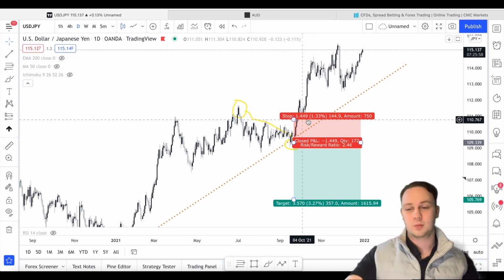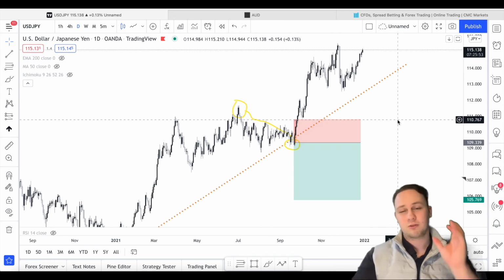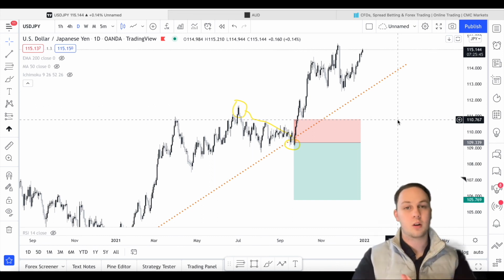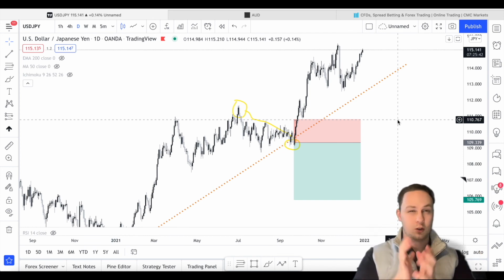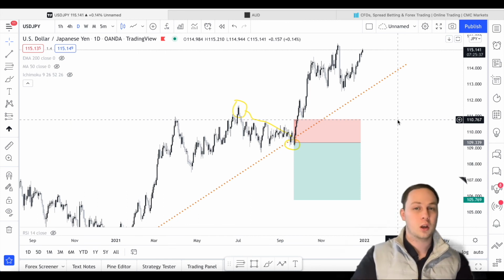It's just what happens sometimes. But if you are wrong, you set your risk. You're only going to risk £10, £20, or if you've got a big account, £1,000, and then you're out. That's it. It cuts you out, your broker kicks you out, and you're out of the trade. Move on to the next one. So always set a stop loss when you're trading, because if you are wrong, you're not going to blow your account.